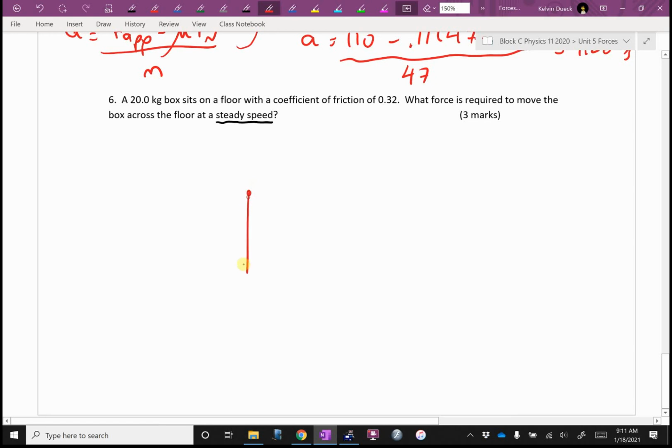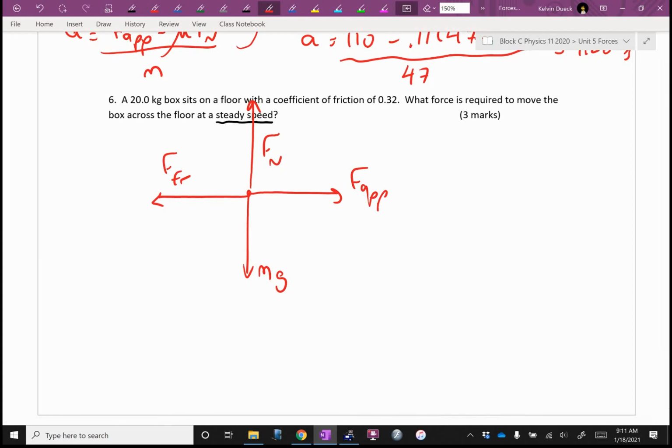Free body diagram. Gravity. Normal force, F applied, which is what they want me to find. How do I know friction is the same size as F applied? Steady speed. So I could, Shay, walk through a whole winner minus loser, but I'm going to say, I think I can safely argue F applied equals friction. F applied equals mu times the normal force.